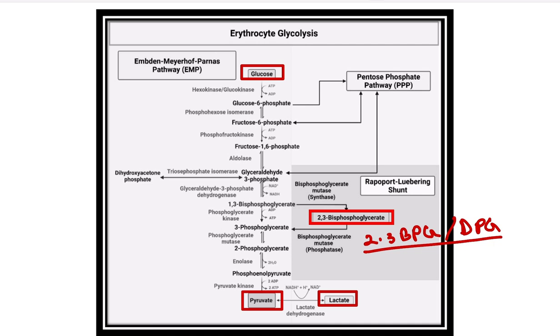So when there is more 2,3 DPG, in this condition there is more oxygen delivery in the peripheral tissue, and when there is less 2,3 DPG, there is less delivery of oxygen in the peripheral tissue. And this DPG is derived from glucose. In the case of old blood which is 2 weeks old, the glucose level is reduced.